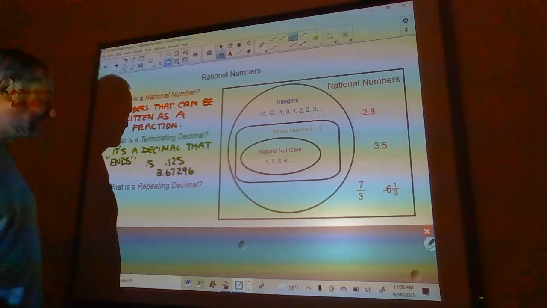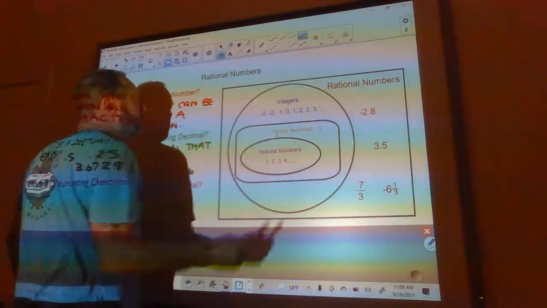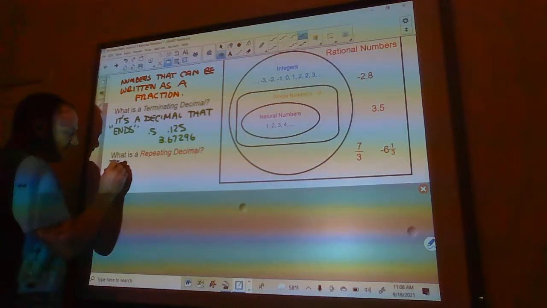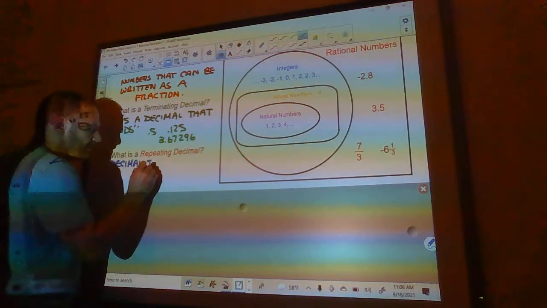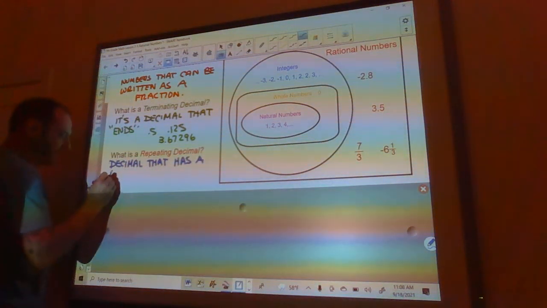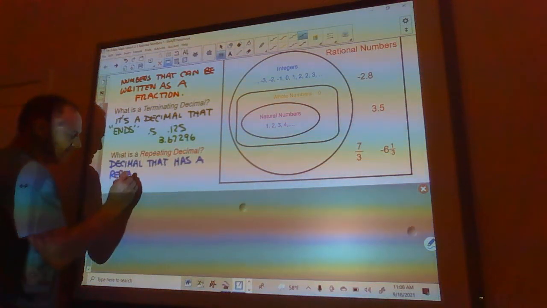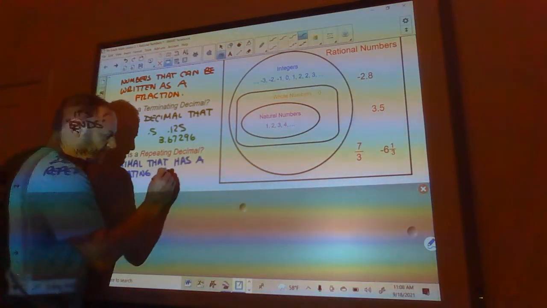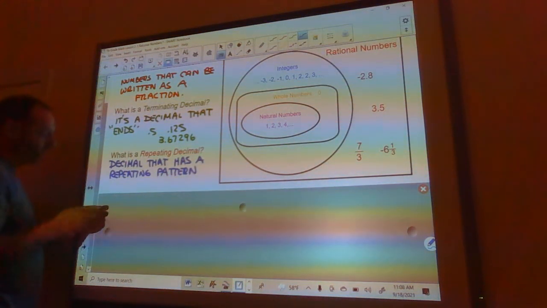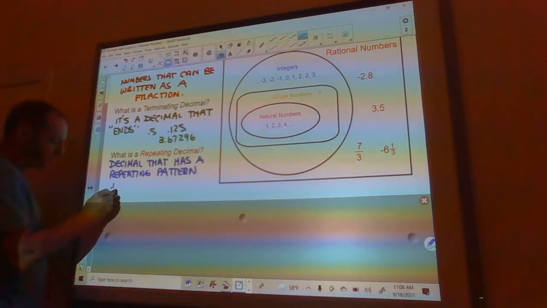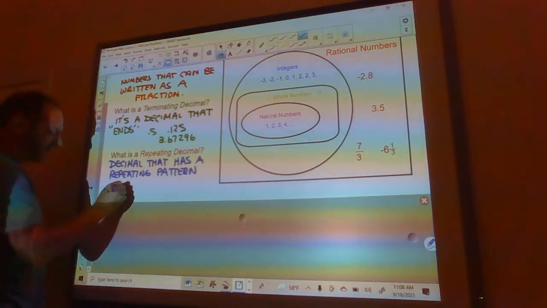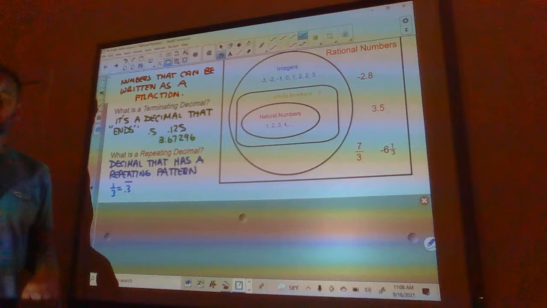Okay, now what's a repeating decimal? A repeating decimal is a decimal that has a repeating pattern. So maybe the simplest one is 1/3. 1/3 is 0.33333 forever, and we write it like this, 0.3 with a bar over it.